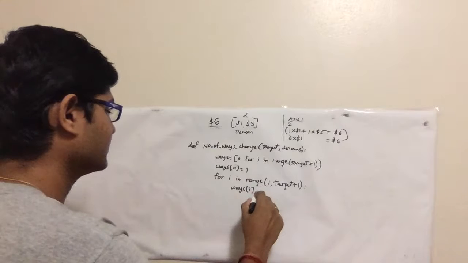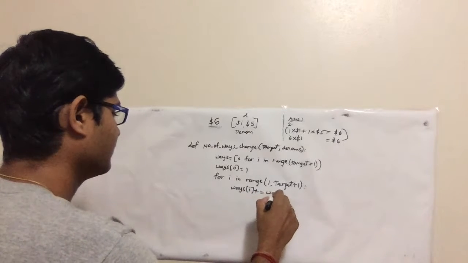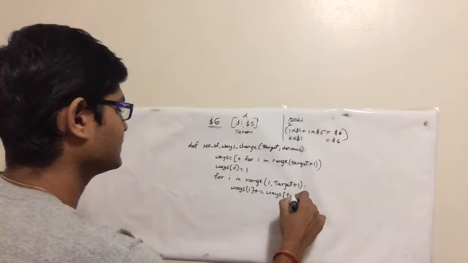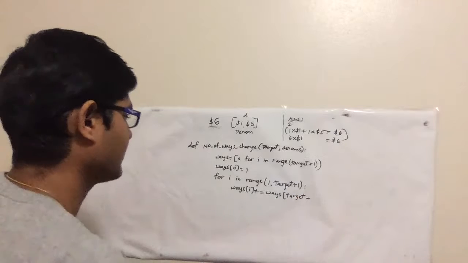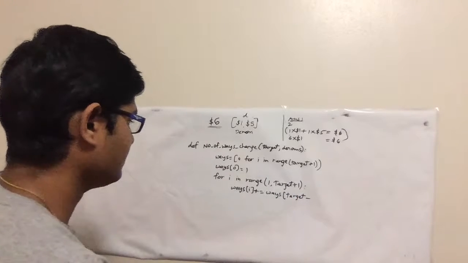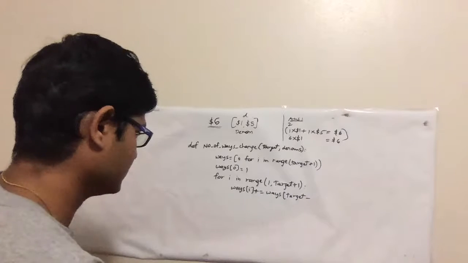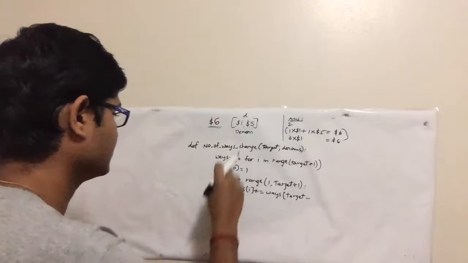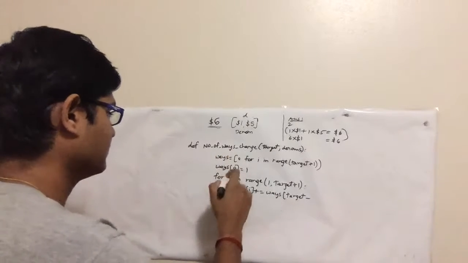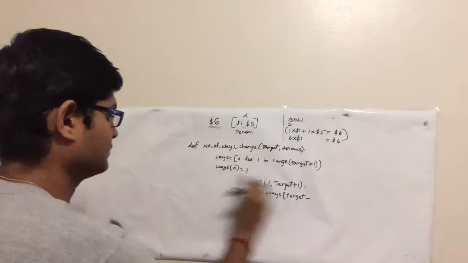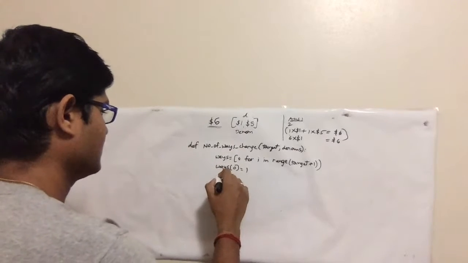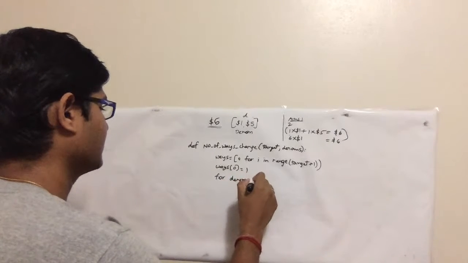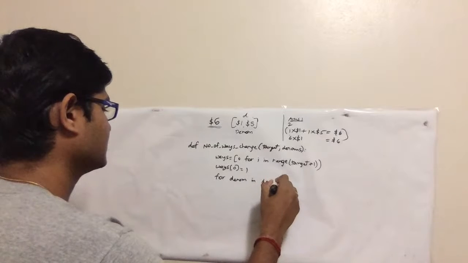We need to update ways of i plus equals ways of the target amount. Did I write that correctly? Oh sorry, this is denom. We need to iterate for denom in denoms.